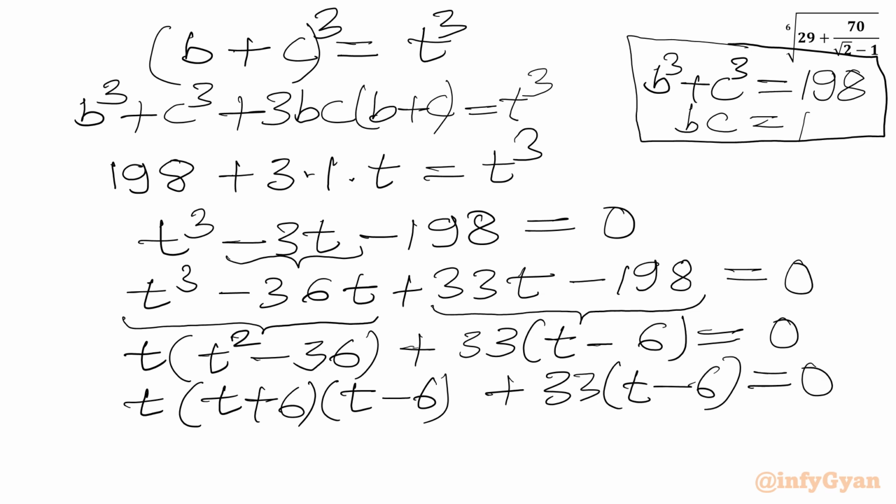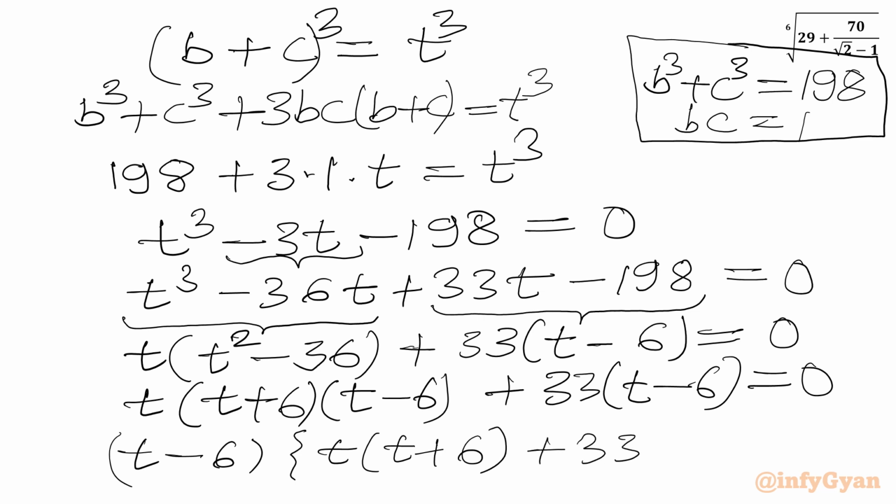0. Now we will take t minus 6 common out. So we can write t minus 6 common out, in the bracket t times t plus 6 and then plus 33 equal to 0. So in this curly bracket we'll write t square plus 6t plus 33.